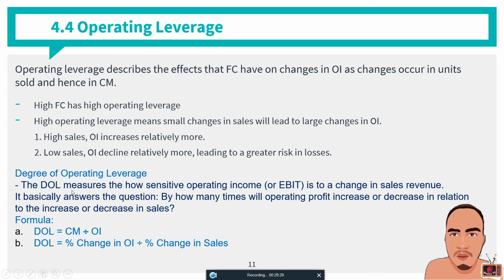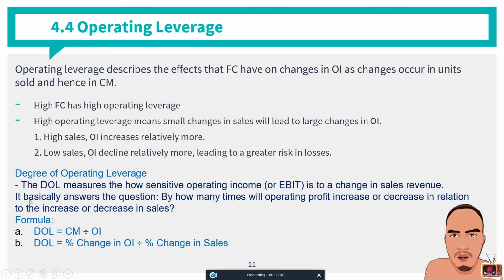Then there is the degree of operating leverage. The degree of operating leverage measures how sensitive operating income or EBIT is to change in sales revenue. It basically answers the question, by how many times will operating profit increase or decrease in relation to the increase or decrease in sales?